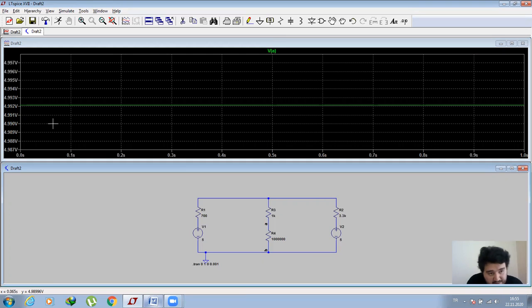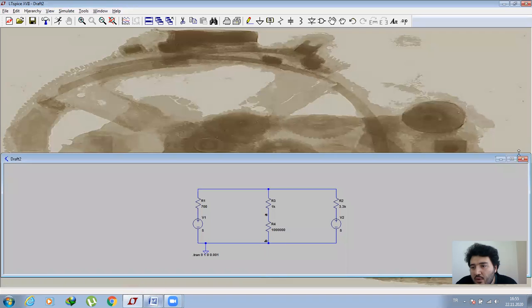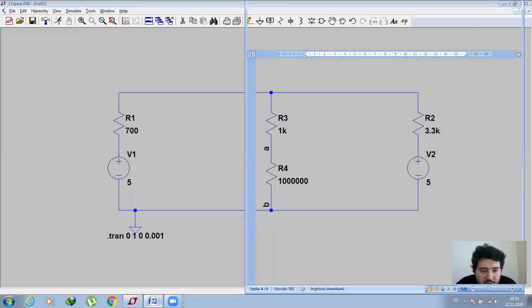If I divide this voltage value by my previous current value, which was 3.2 milliamp, I can obtain the equivalent resistance as I calculated just before. So I can obtain my equivalent Norton circuit with these values. That's all for the Norton circuit.